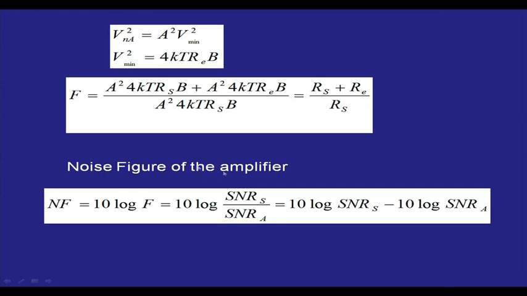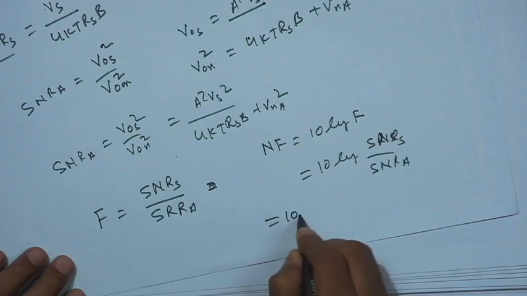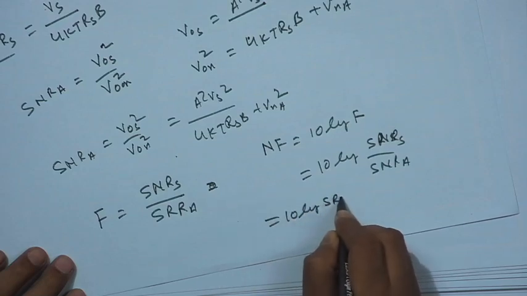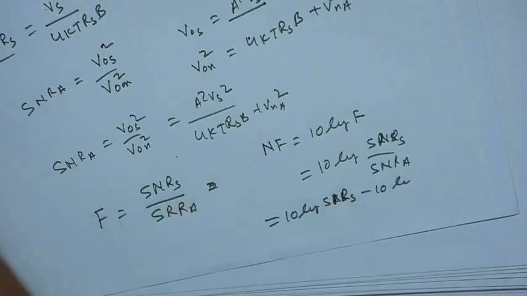The noise figure of the amplifier, NF, is nothing but 10 log F, the noise figure of the amplifier. So what is 10 log F? 10 log of SNRS divided by SNRA. So it is nothing but 10 log SNRS minus 10 log SNRA.